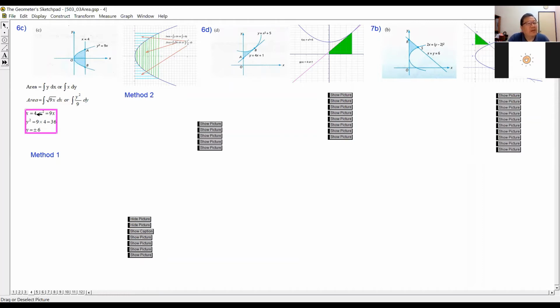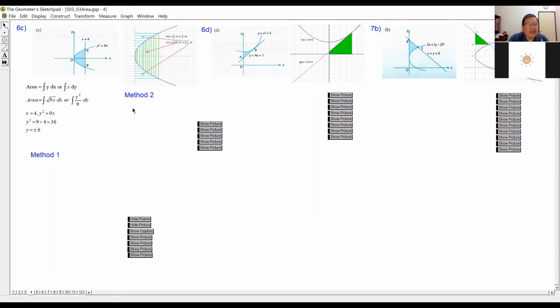So I write down x equals 4, and the other equation is y squared equals 9x. So I substitute the x into the equation. y squared equals 9 times 4, because the x is 4. So y squared is 36, y is plus or minus 6. So here is y equals positive 6, and the bottom is y equals negative 6.